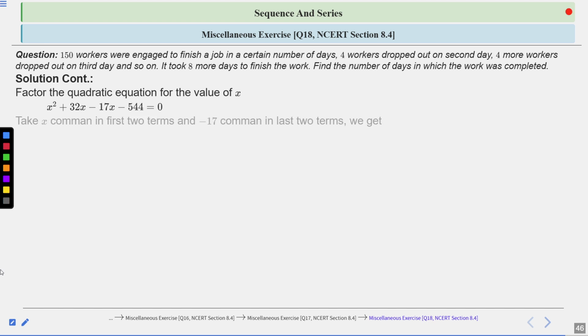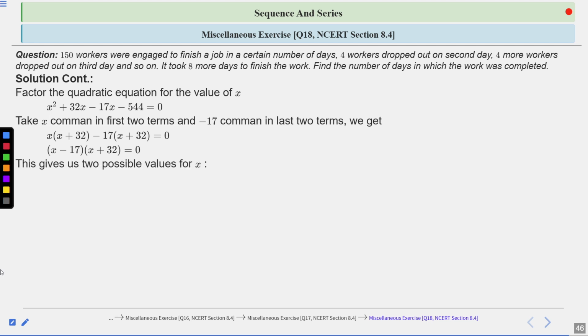Take x common in the first two terms and minus 17 common in the last two terms. We get x into (x plus 32) minus 17 into (x plus 32) is equal to 0. So we get (x minus 17) into (x plus 32) is equal to 0. This gives us two possible values for x: x is equal to 17 or x is equal to minus 32.